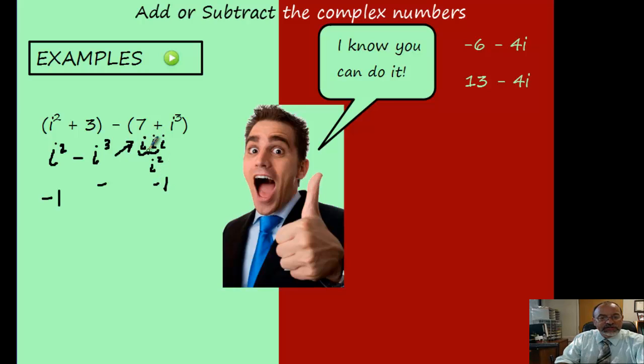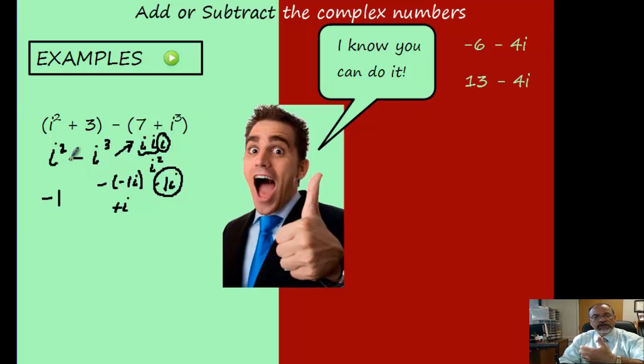So I can take these 2 i's, make them i squared, which simplifies to negative 1. I then have this 1 i left, so i cubed actually simplifies to negative 1i. So this is going to be minus negative 1i or negative i. So what's minus minus? That's a plus. So this actually ends up being a positive 1i or positive i.